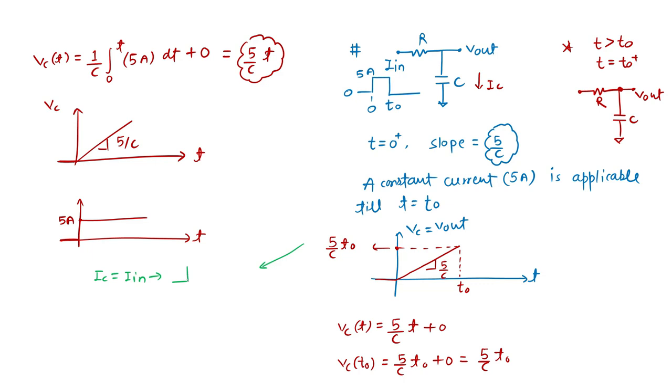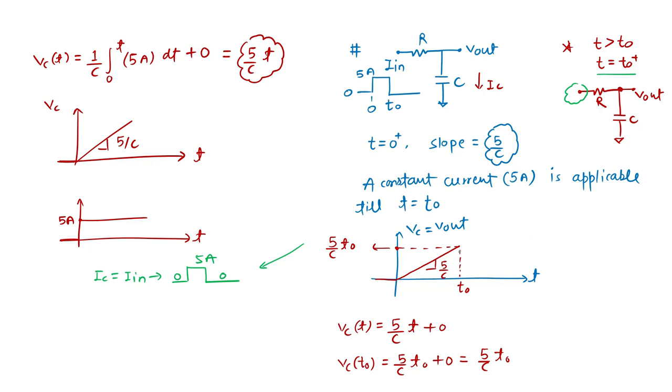So the plot is going to be the same as for I in as well: 0, 5 ampere and 0. So I need not say anything about the IC. But at t positive, our circuit is open here because current 0 means simply the circuit is open.